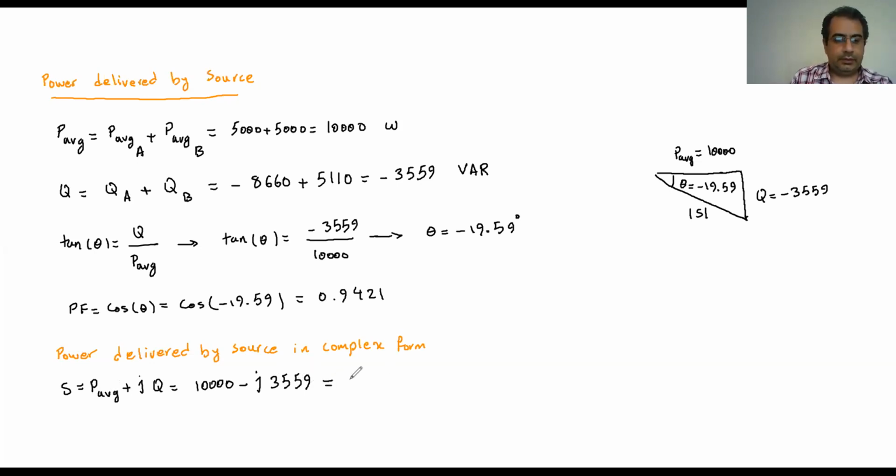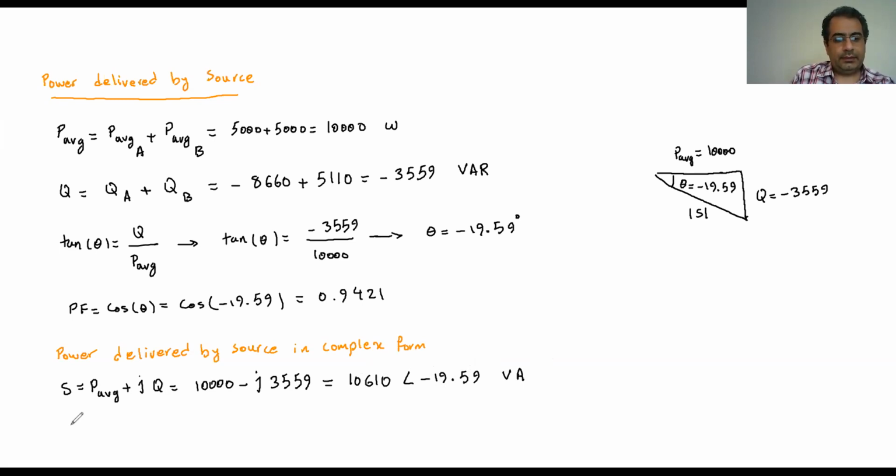Or you can write it in polar format as 10,610 with an angle of negative 19.59, in VA.